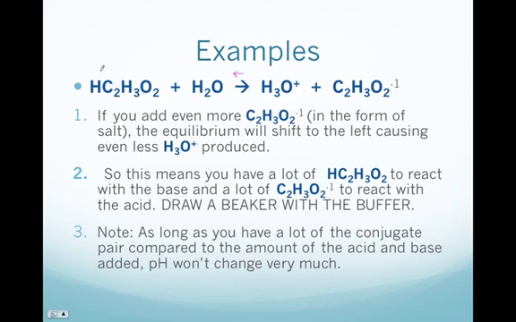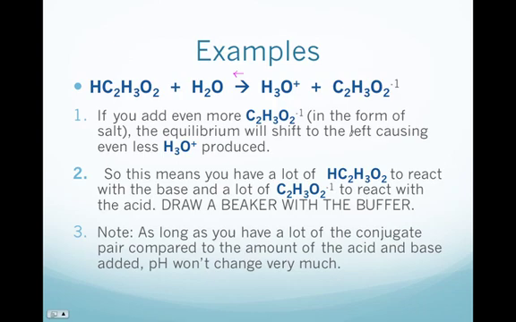And so if I use this up, we will get a left shift, and we'll make more of it to replace it. If I use this up, we'll get a right shift, and we'll make more of this to replace it. So as long as we haven't exceeded the buffer capacity, we can keep adding hydroxides and hydrogen ions to the solution and find that our pH doesn't change.